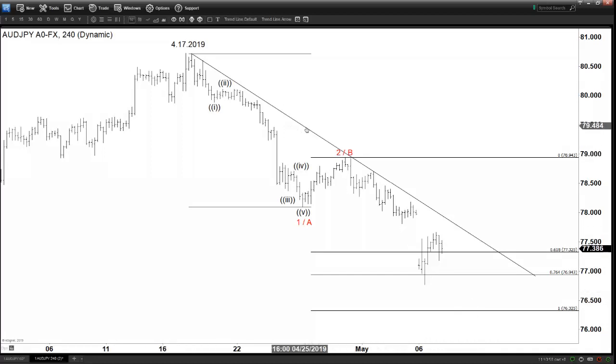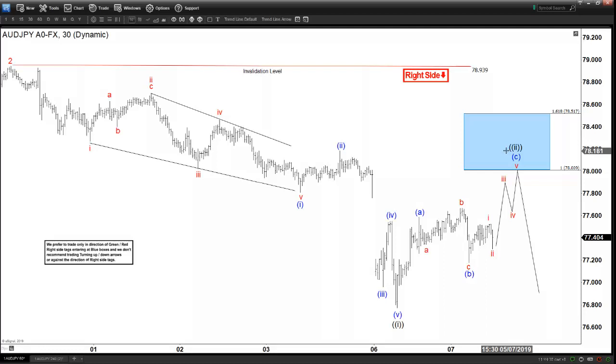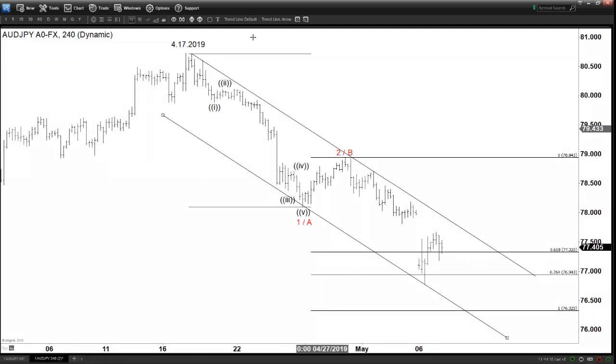There is nothing to suggest that the cycle is complete, right? You can see that I'm drawing a trend line here going down from this peak. As long as we stay below or within this channel, you need to keep favoring the downside, until it reaches at least 76.3. You can see this one, ABC, 78 more or less, is more or less at the trend line here as well.